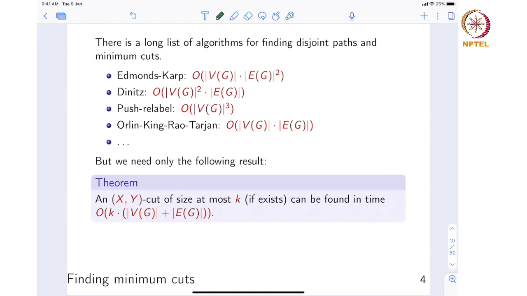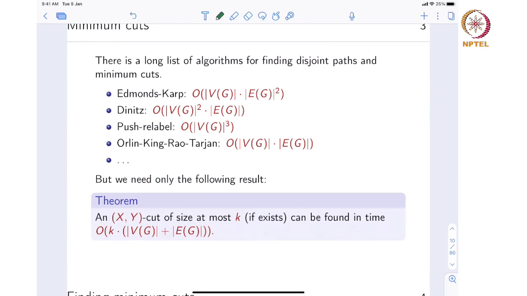Okay, so there is a long list of algorithms for finding disjoint paths and minimum cuts. There is an algorithm by Edmonds-Karp, Dinitz, Goldberg, Orlin, King, Rao, Tarjan. But for our purposes, all we need is the following: an XY cut of size at most k, if it exists, can be found in time k times (m plus n).